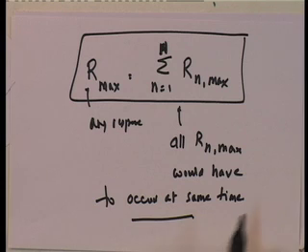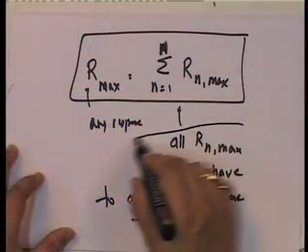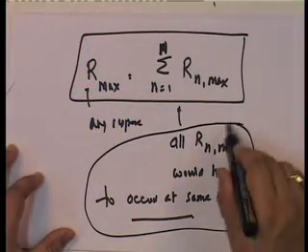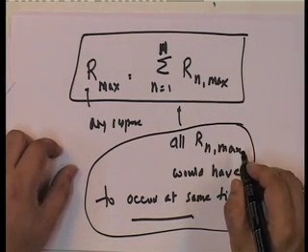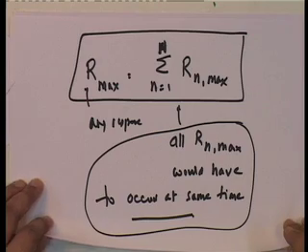So this mode superposition, although it is valid when you are doing time history, because at any instant of time you can add up, if all of them occurred at the same time, then this would be valid. Otherwise, this is not valid.